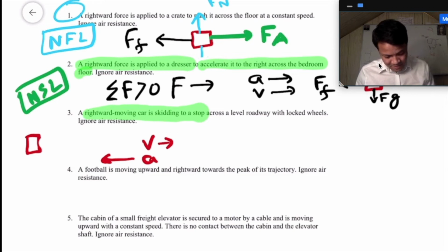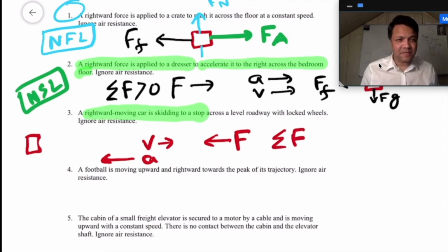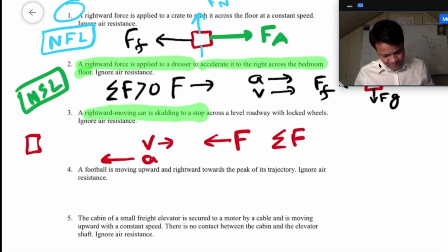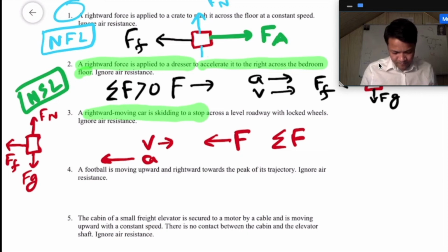Then the force must be in that direction. Then there must be some net force. So the force is in that direction, so there is only one force, FF in this direction, and this is Fn, and this is Fg, and this is Newton's second law.